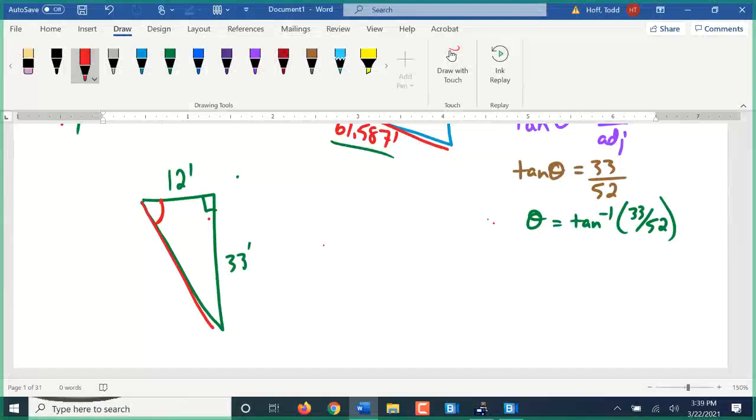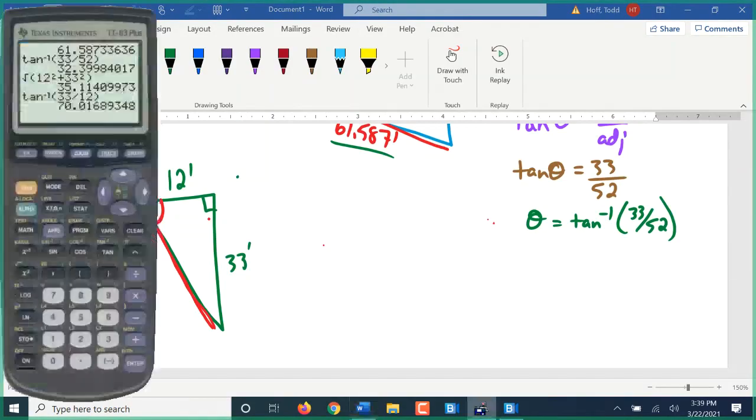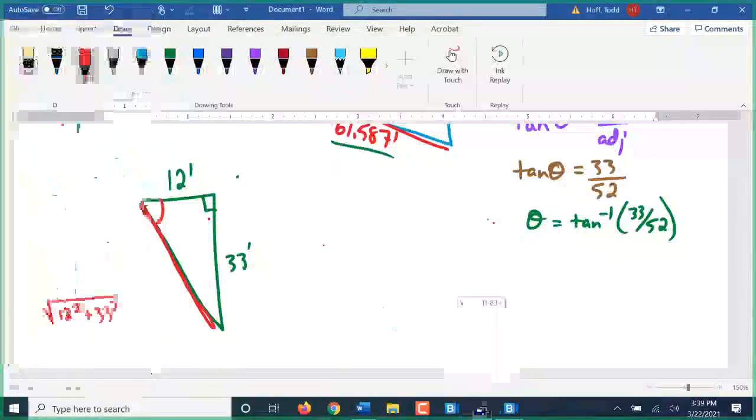Technically, we should say it's a reference. So the length of this side is the square root of 12 squared plus 33 squared, a squared plus b squared, otherwise known as 35.114.